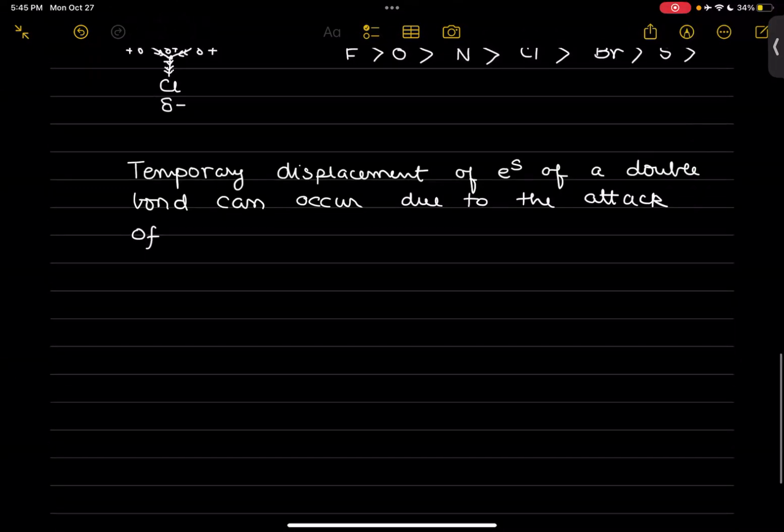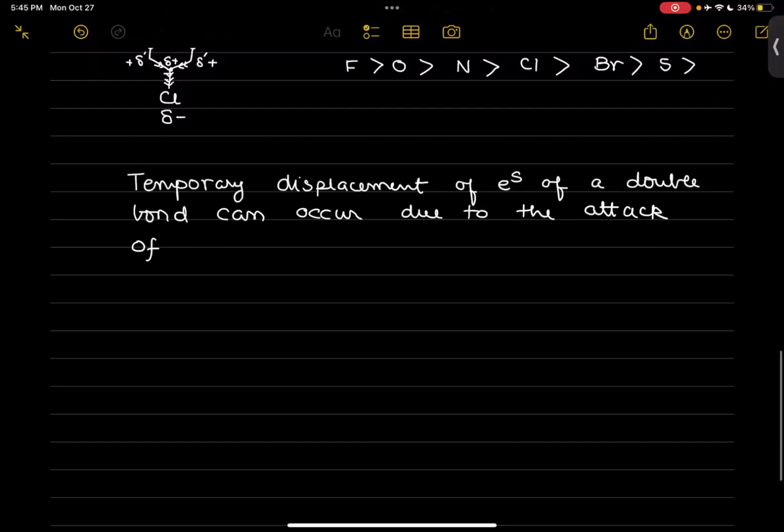So temporary displacement of electrons of a double bond or a triple bond can occur.